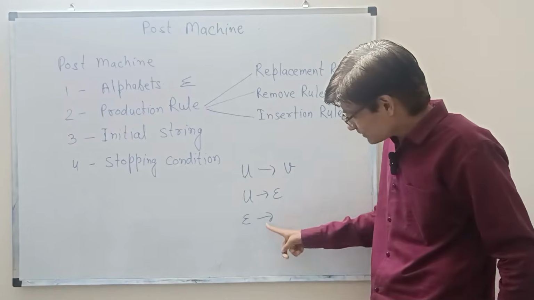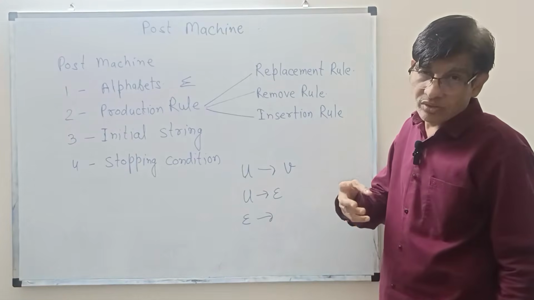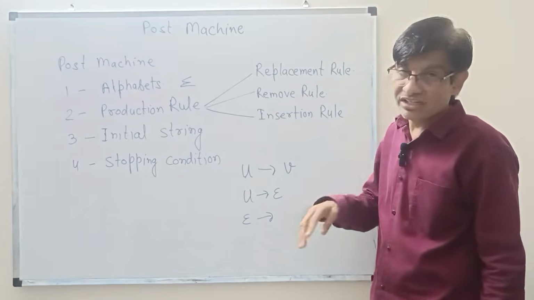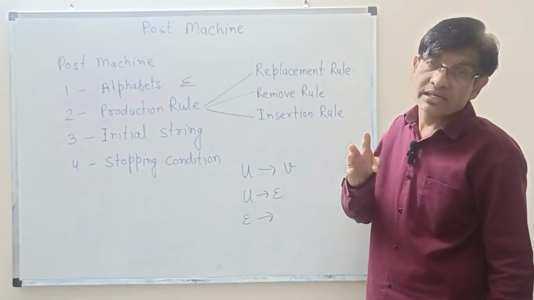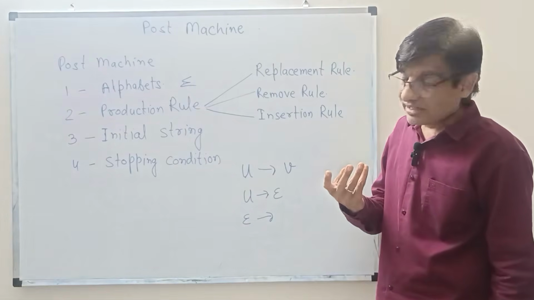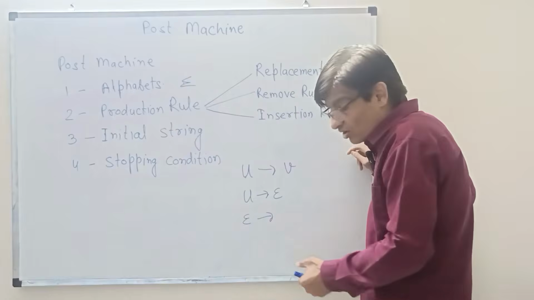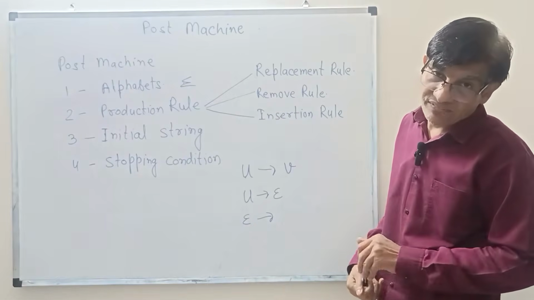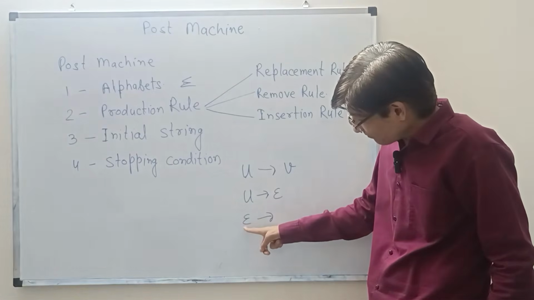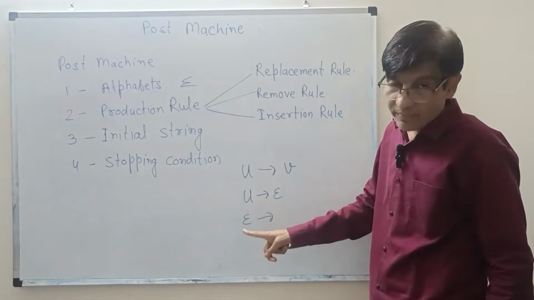In all mathematical models that we have discussed till now, and all mathematical grammars classified in Chomsky classification, epsilon cannot be in the left hand side of any production rule.